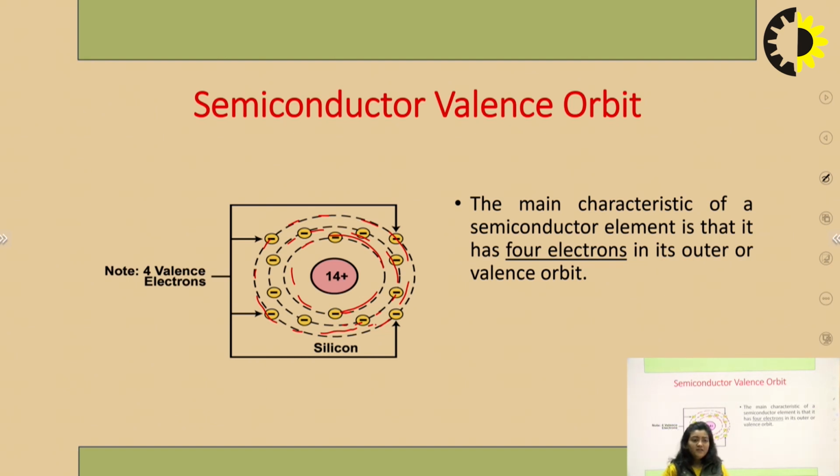In most elements which are good conductors, there is a smaller number of electrons in the outermost shell. Those elements which are not good conductors, the bad conductors, have more electrons in the valence shell, and the semiconductor comes in between.